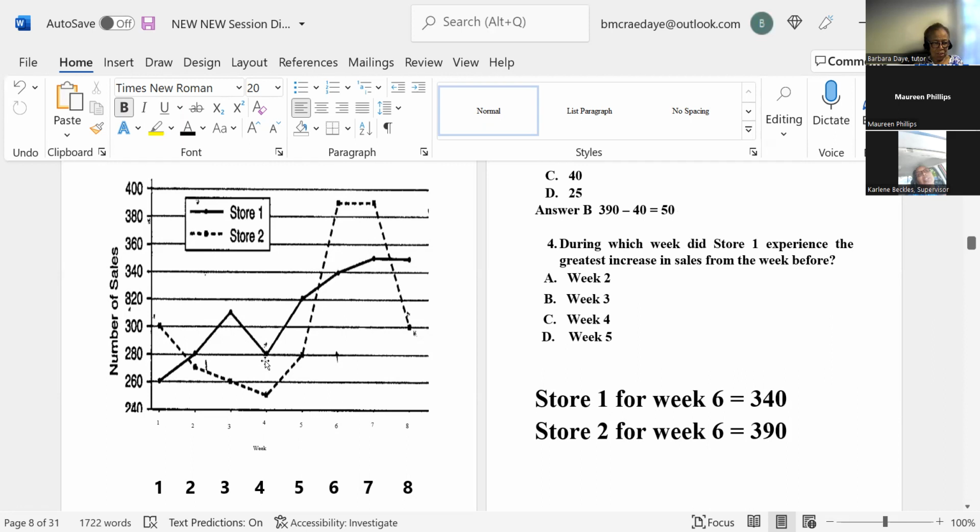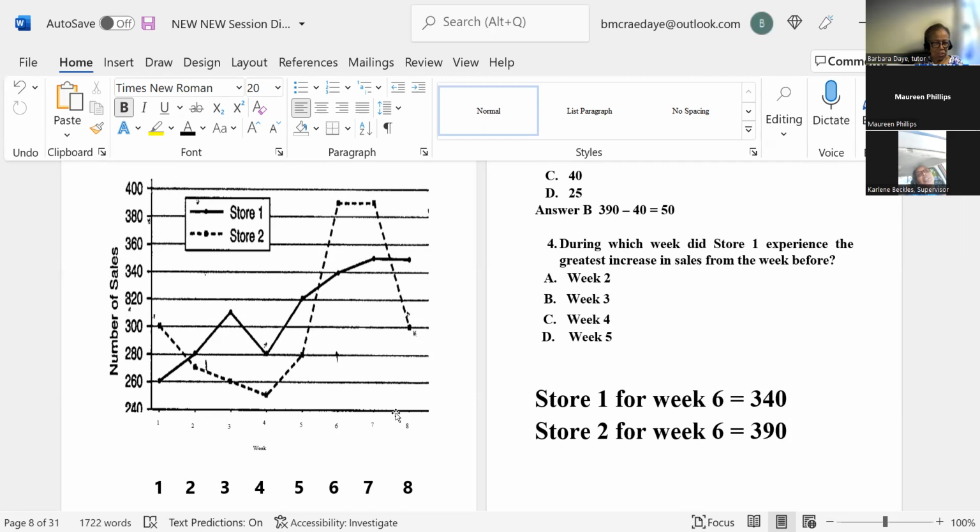Increase, decrease, increase, increase, increase, and then kind of leveled off. So where would you say your greatest increase occurred? Which week, right?